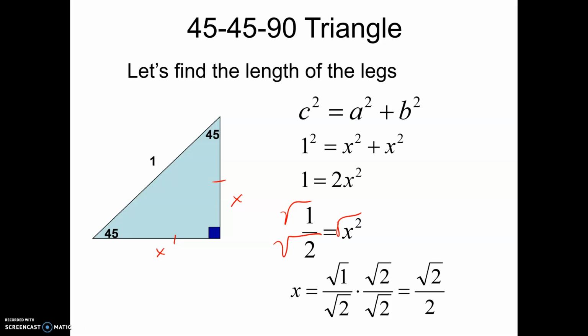And you know you're not allowed to have a radical denominator, so I rationalize it by multiplying top and bottom by radical 2 over radical 2. So I end up with radical 2 over 2. Now I can replace that side measurement with radical 2 over 2, and this one also with radical 2 over 2. I can erase that now.